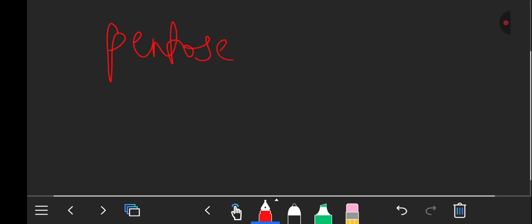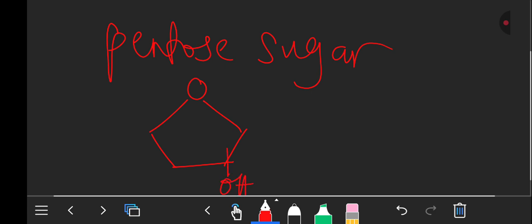We've said the pentose sugar is one of the major components of the nucleotide. So how is this pentose sugar? Of course, it's a furanose ring, so it will have a 5-member structure. Like that, there will be OH.